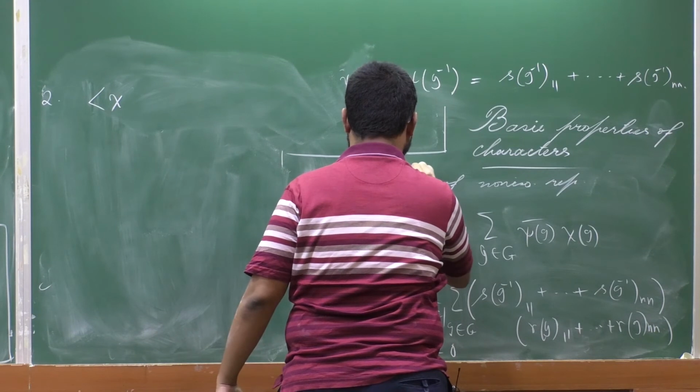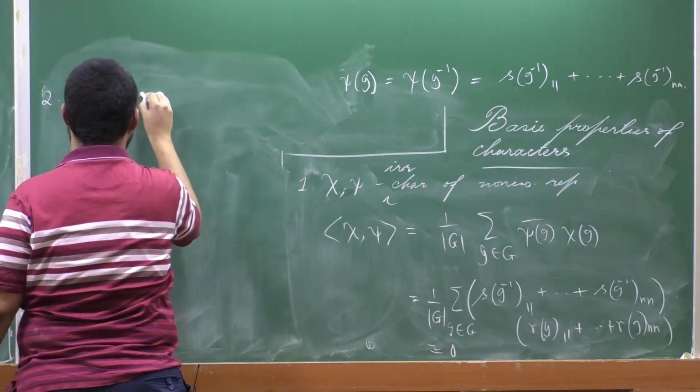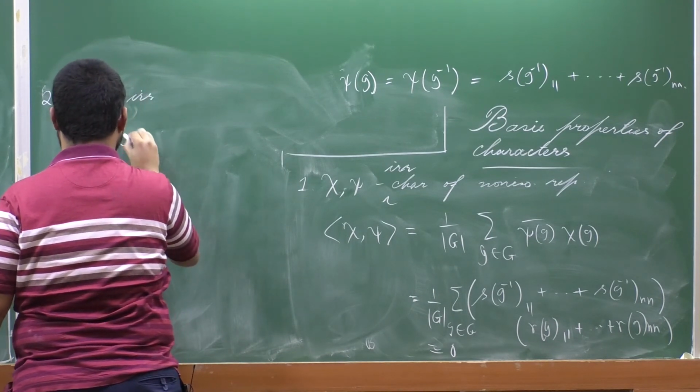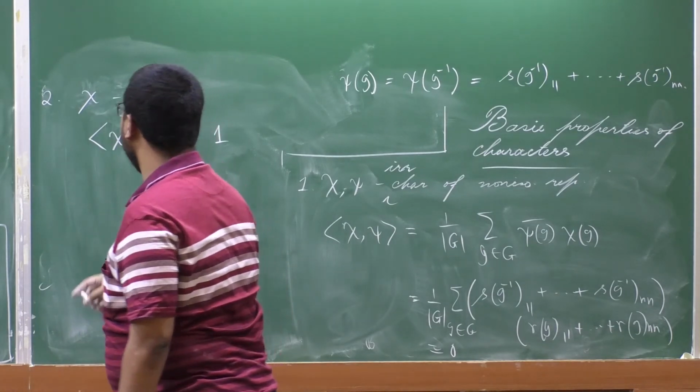Okay, irreducible characters. If chi is an irreducible character, then this is what we claim.